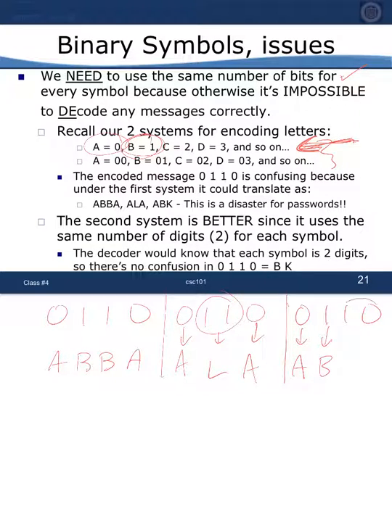And then that is the number 10, which is the 10th letter of the alphabet, K. All right, so I'm going to go ahead and call this a problem because I encoded my message, or my word, as 0110. And yet 3 different people could decode the same exact message, 0110, as 3 different words.